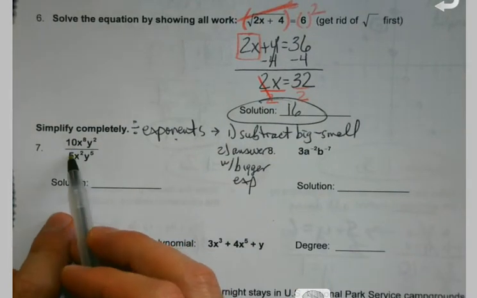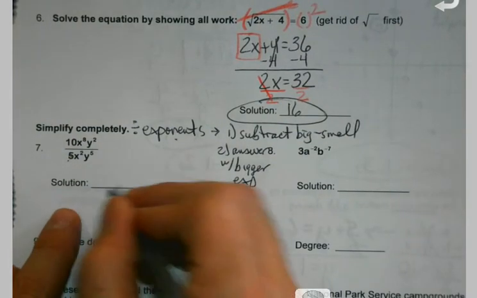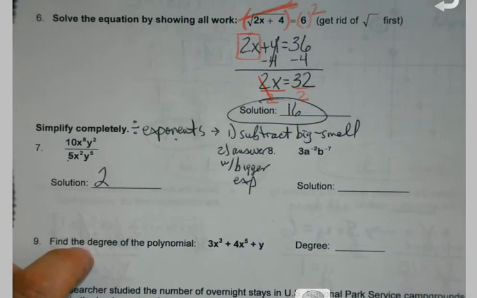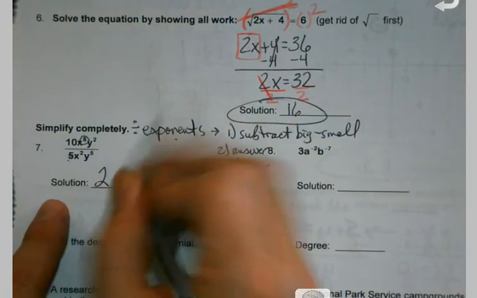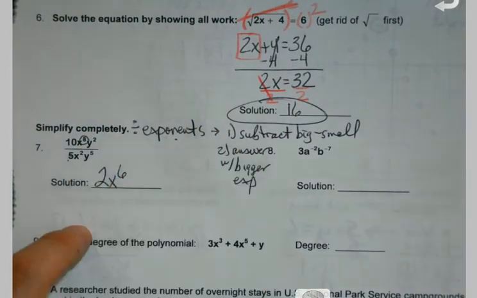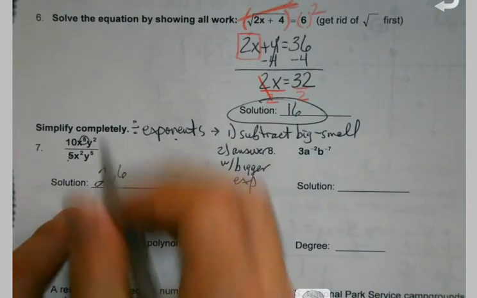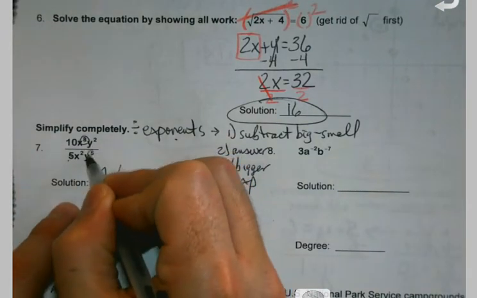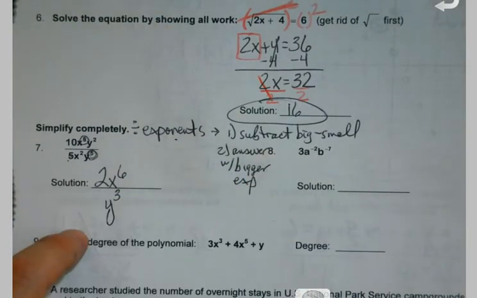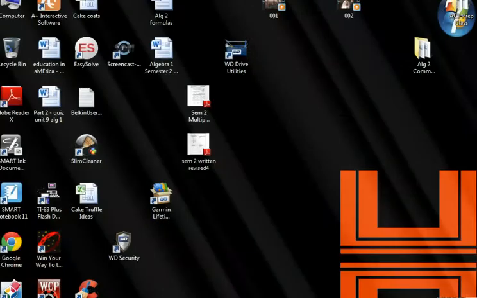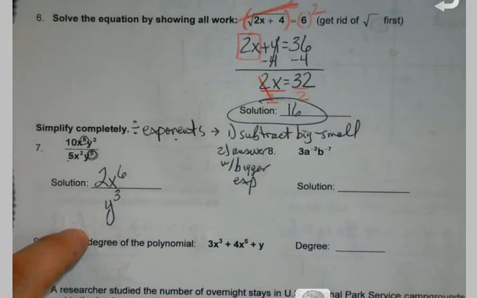It isn't 10 minus 5, it's 10 divided by 5, which goes 2, because 10 is bigger than 5, so the 2 is going to go on top. And then if I remember the rule, 8 minus 2 is 6, but the 6 goes on top because 8's bigger. 5 minus 2 is 3, but the 3 goes on the bottom because that's where the larger exponent's at.